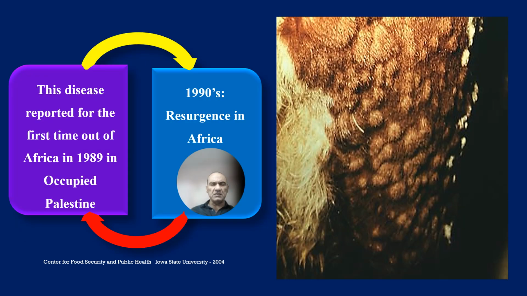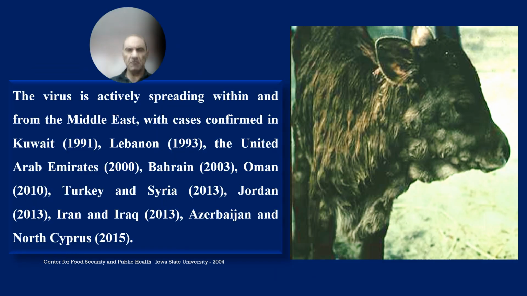Lumpy skin disease was reported for the first time outside Africa in 1989 in occupied Palestine, and then resurged in Africa in 1990.